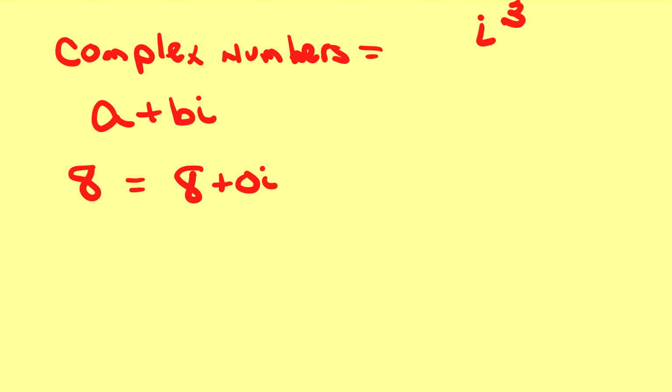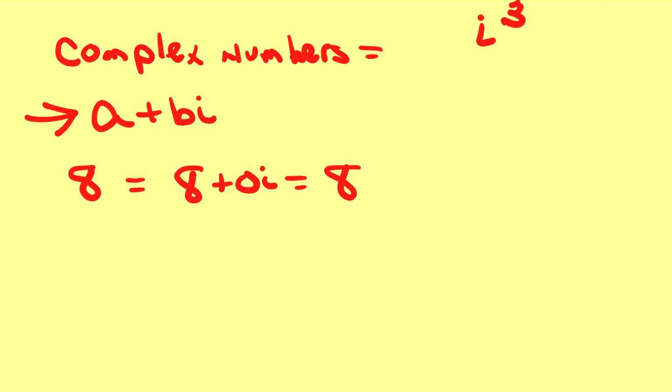So this is in the a plus bi form, the complex form, and it equals 8, because 0 times i is 0. So it just goes right back to being 8, but I'm writing it in a complex form. This is one example. There are more examples at the bottom of page 567 of your textbook if you'd like to delve into that.